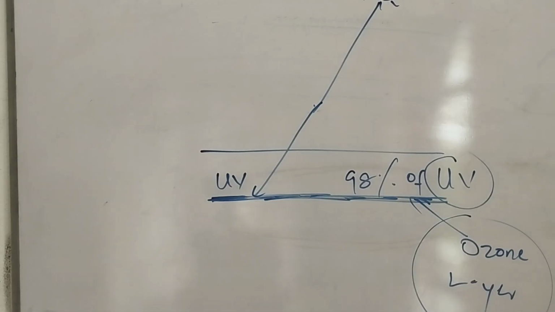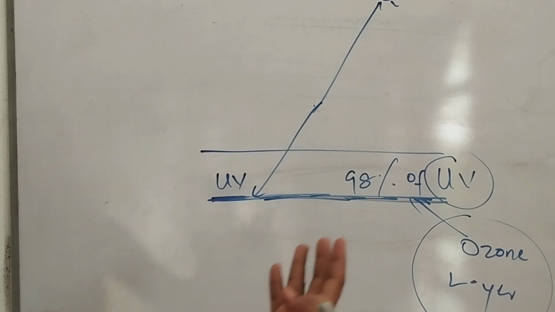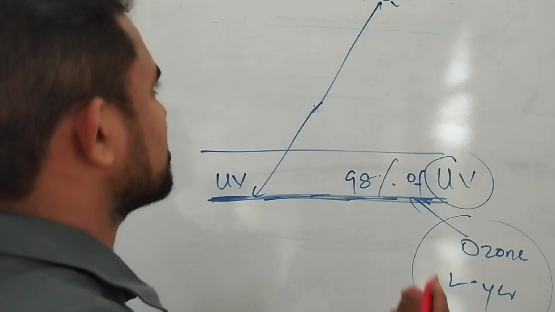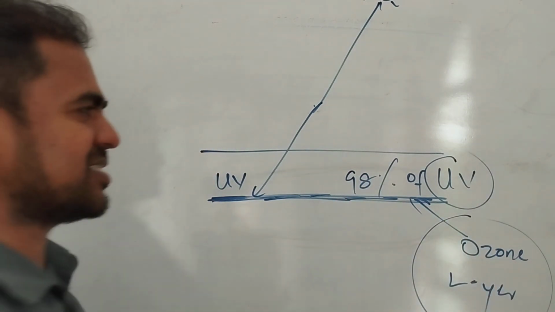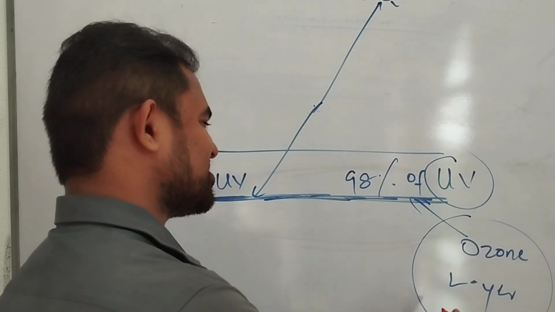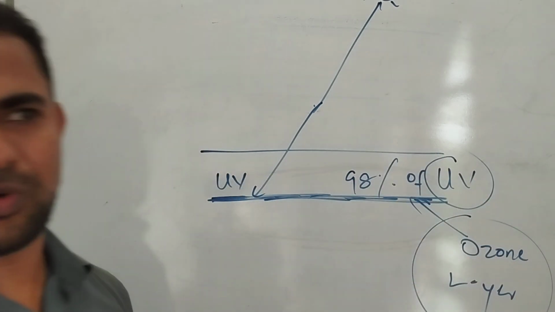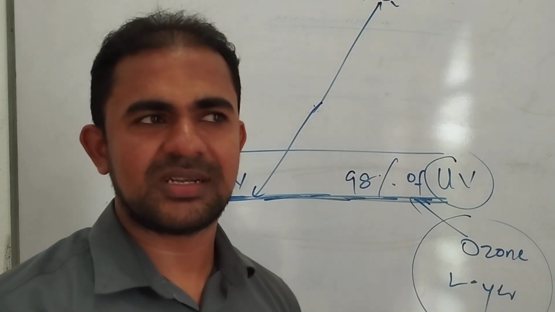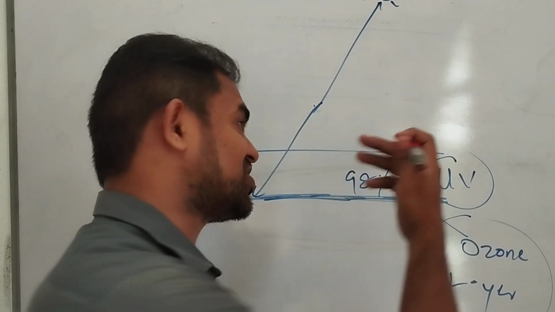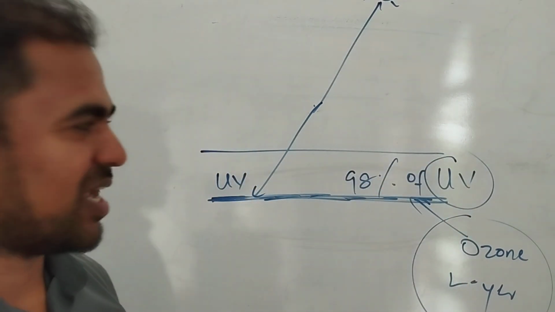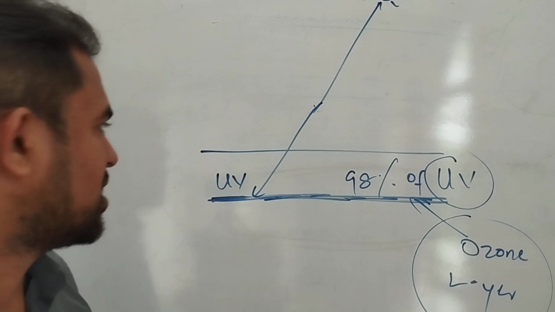The ozone layer protects humans from the UV rays. So now you have understood what ozone is and what its function is. It is a trace gas present in the stratosphere, even though it does a major function: it absorbs the UV rays, which are very harmful to human beings.